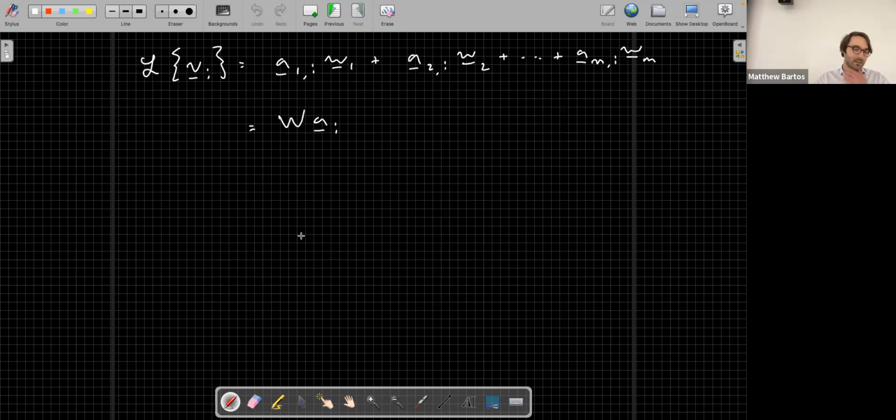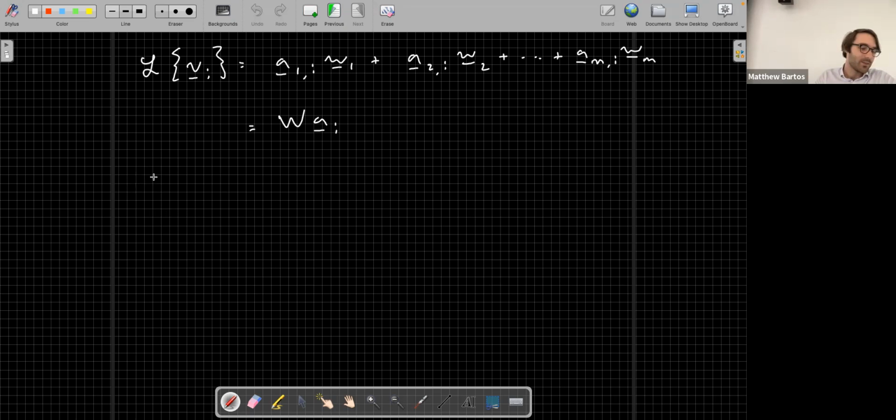So we've just defined this matrix A with that definition. We've got that the action of our linear operator on one of the bases of our domain is equal to some matrix W, which represents the basis of our codomain, times the ith column of our matrix A. Now let's look at the action of our linear operator on just some vector from our domain.